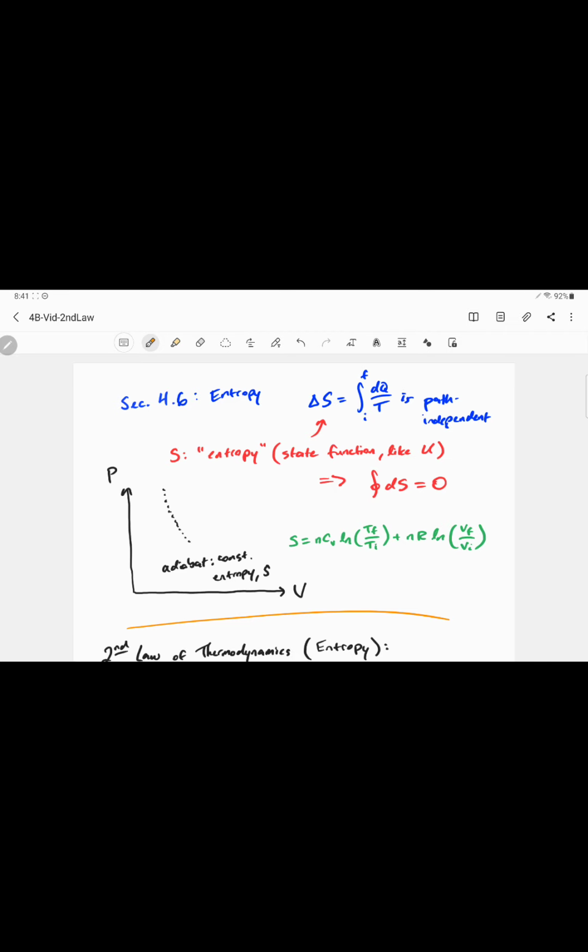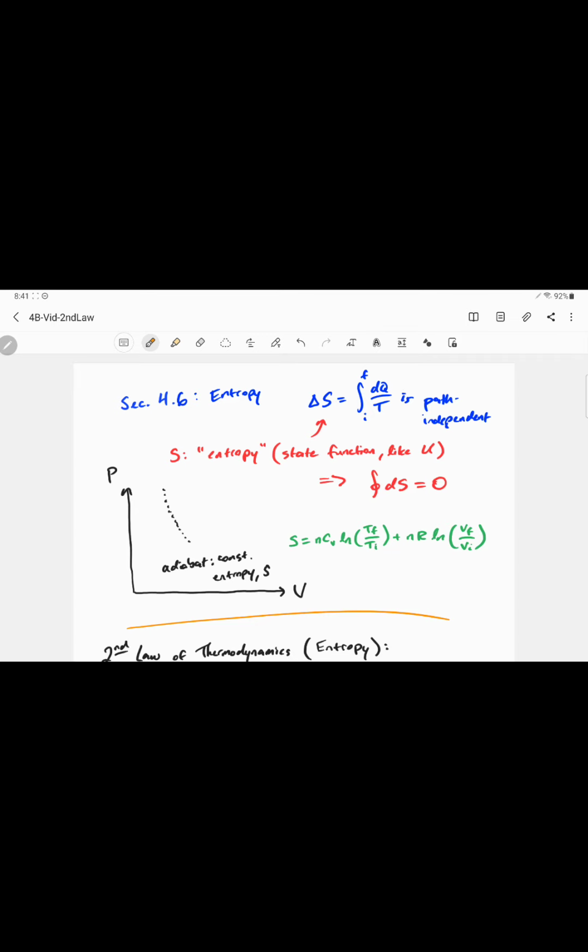Okay, so entropy involves heat exchange. If you go along an adiabat, which I drew right here on the PV diagram, adiabats are isentropic contours, so same entropy. If you go from one point on an adiabat and reversibly go to another point on an adiabat, the entropy change is 0.